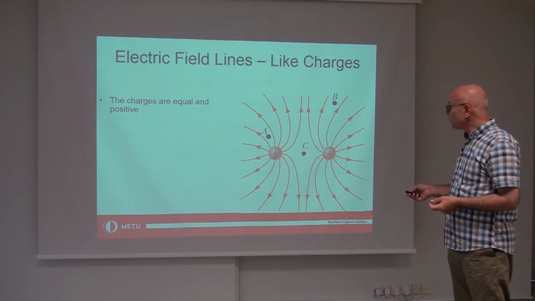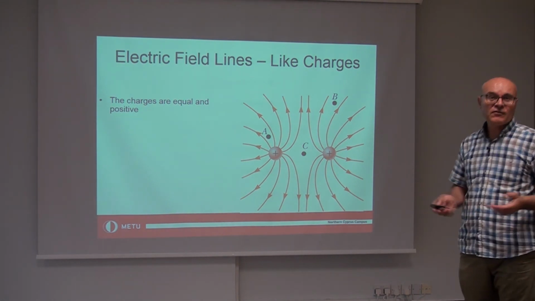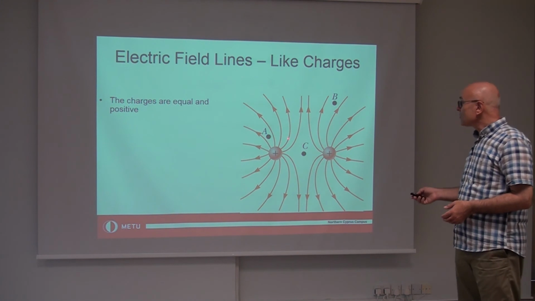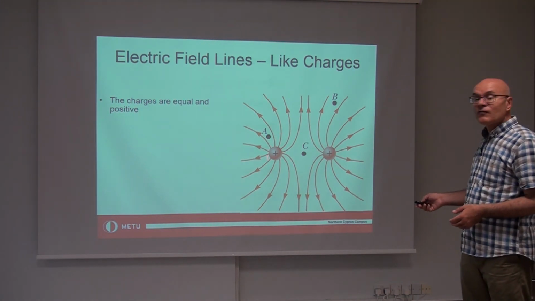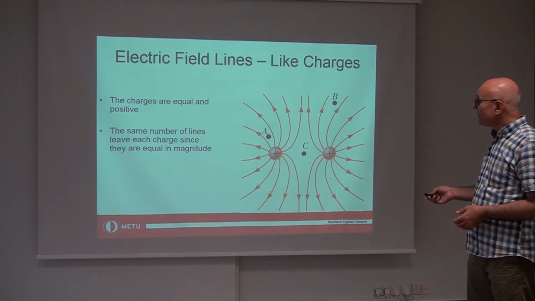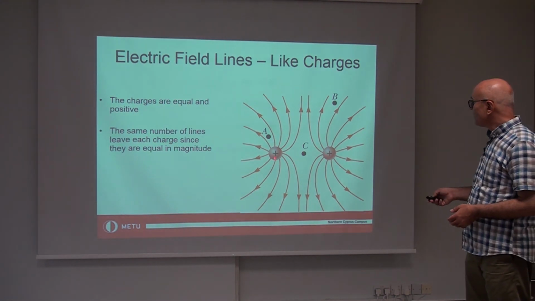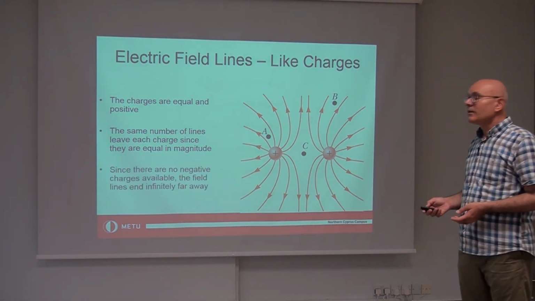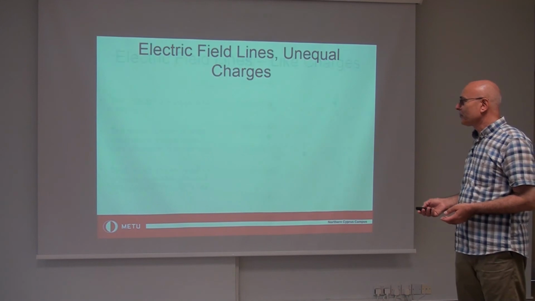In the region between them, for example, at point C, you'll have a point where you have 0 electric field, and so there are no lines here. And also, the number of lines leaving this charge and this charge is the same because they are of equal magnitude.